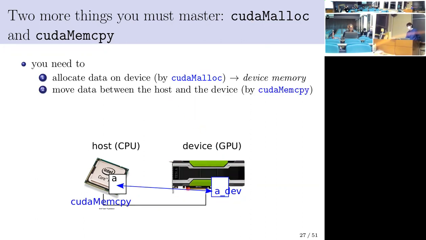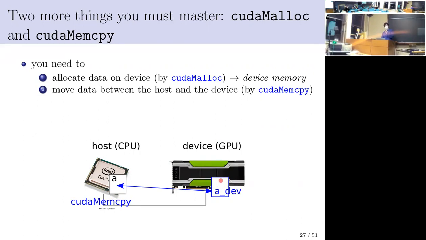Just allocating memory on the GPU isn't enough to do anything useful. You need to somehow fill this memory with the data you want to pass to the GPU. So there is another function called cudaMemcpy.